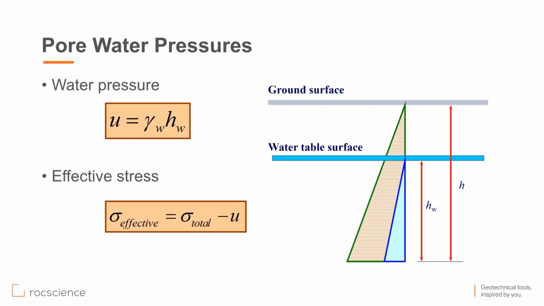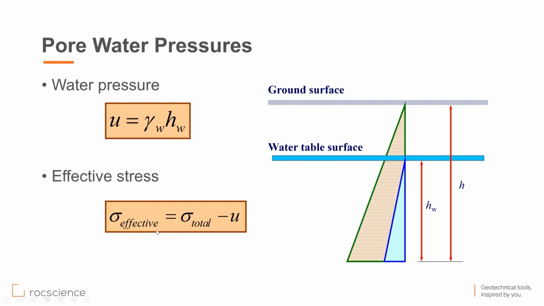Just a brief introduction to what we are dealing with here. We are looking at water pressure. If you are looking at this point here at the bottom of these triangles, your pore water pressure is going to be the height of the water standing on top of that point, if this is the water table, multiplied by the unit weight of the water. Now, the concept of effective stress: the effective stress is going to be total stress minus pore water pressure.